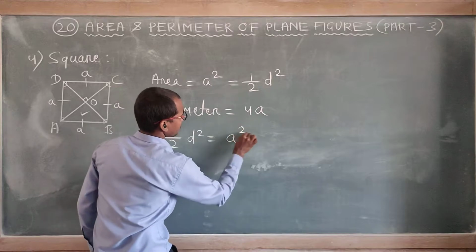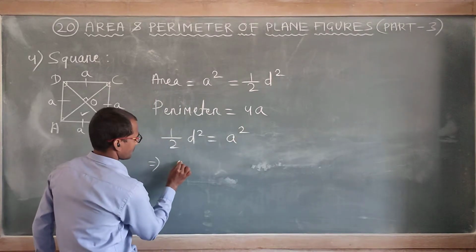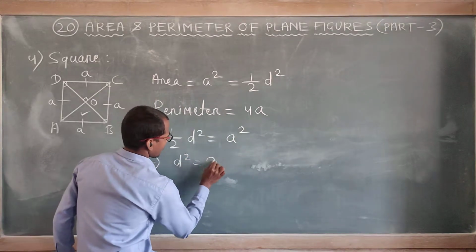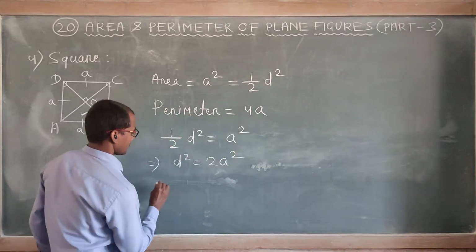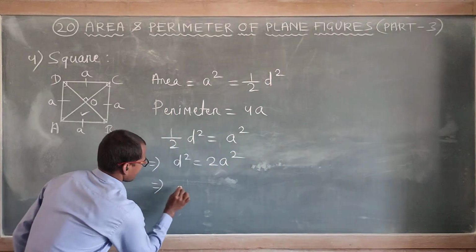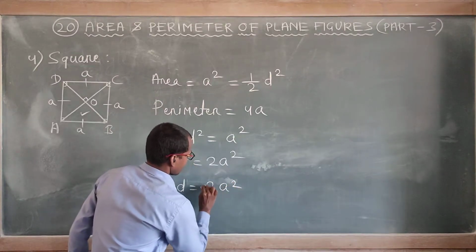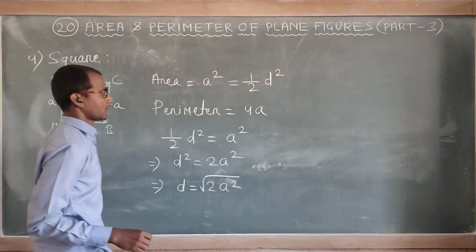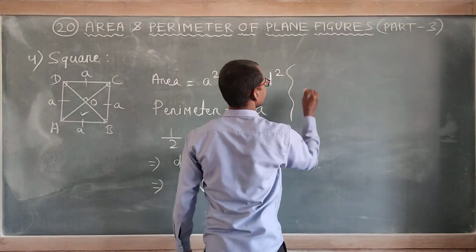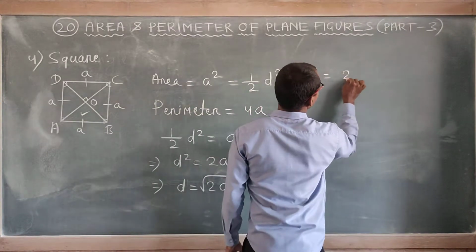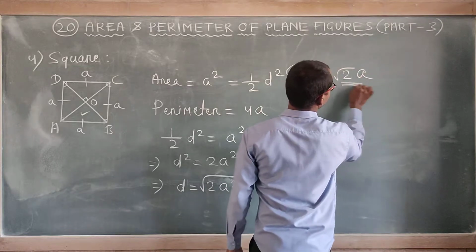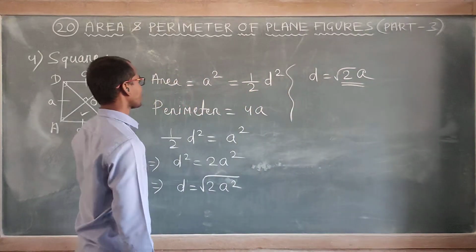d square is equal to a square plus a square, or d square is equal to 2a square, so d is equal to root over 2a square, or d is equal to root 2 a.